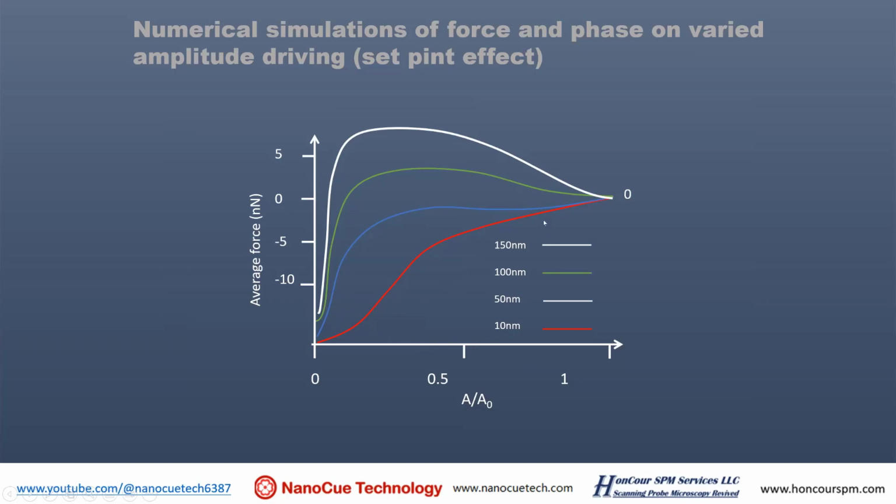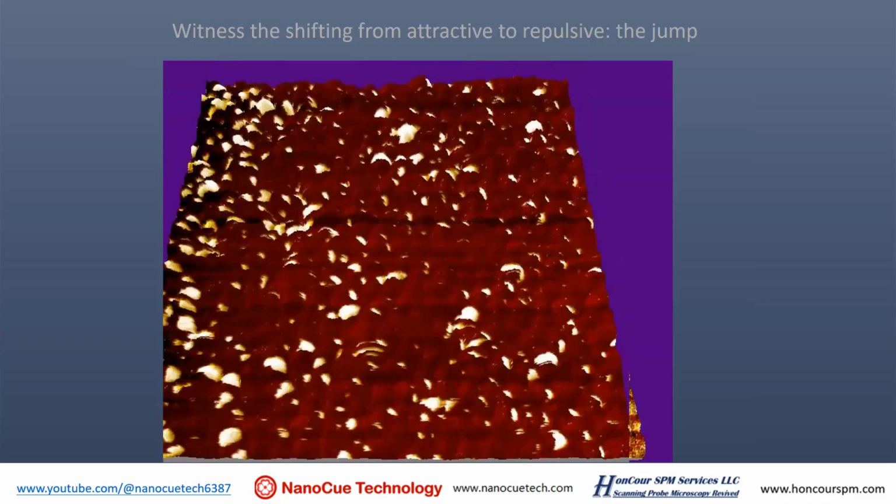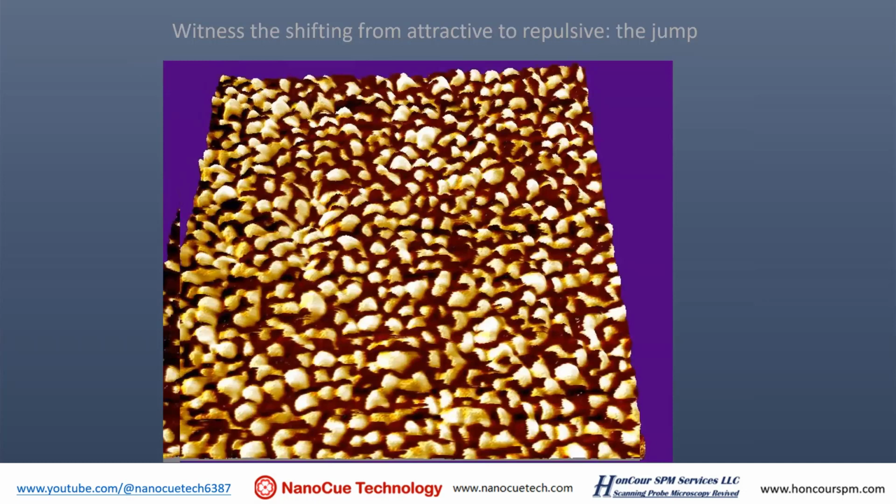Okay. If you have this in mind, then we know how to manipulate the force from attractive negative force to positive. We need to manipulate one parameter, which is called the drive. This is one experiment where, as you increase the drive, you can see this color represents phase. As you increase the drive from low to high, your phase shifts from negative to positive.